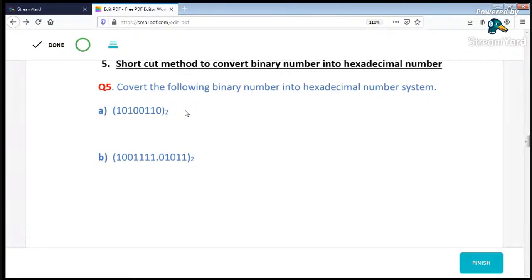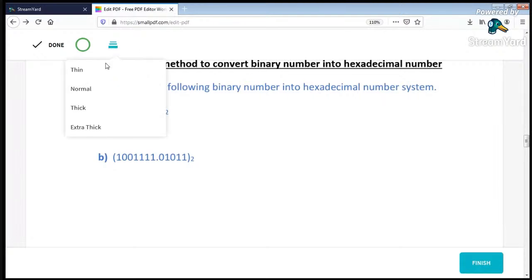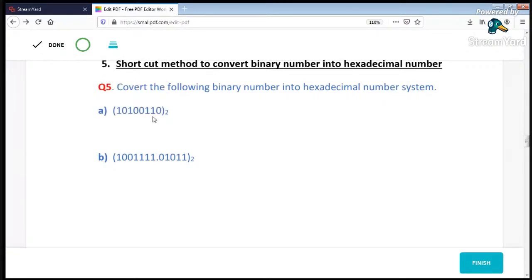Whenever we are converting binary into hexa, always make groups of 4 bits. Always remember, not 3. In octal we follow the 3 bit group, in hexadecimal we follow the 4 bit group. For the integer portion, we pair from right to left, 4 bits and 4 bits.